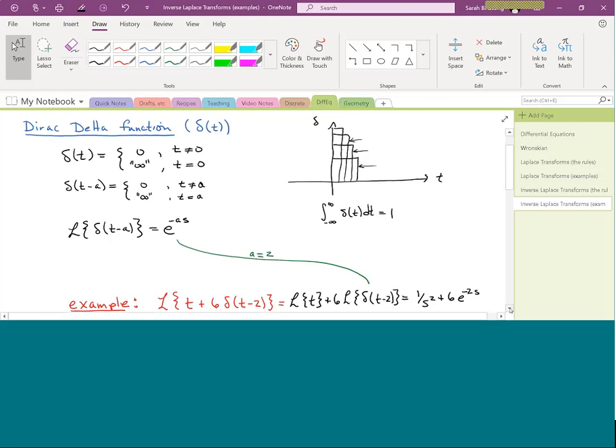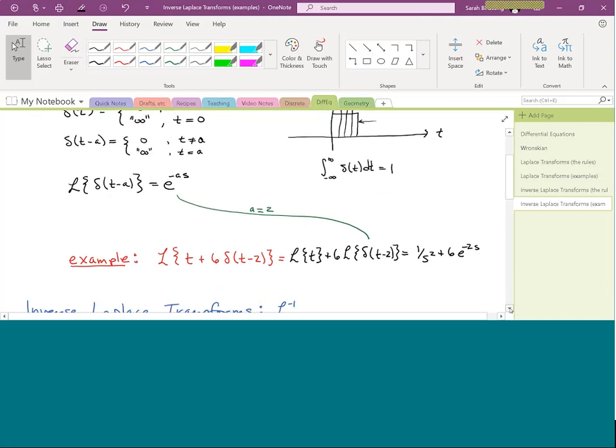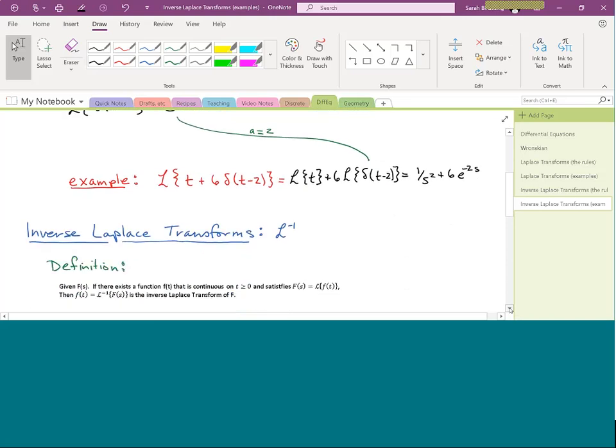So let us look at the definition of an inverse Laplace transform, and then we'll start looking at different examples. The definition goes as follows, and it's right down here at the bottom of your screen. Suppose you're given some function, and I'm going to call it capital F of s.